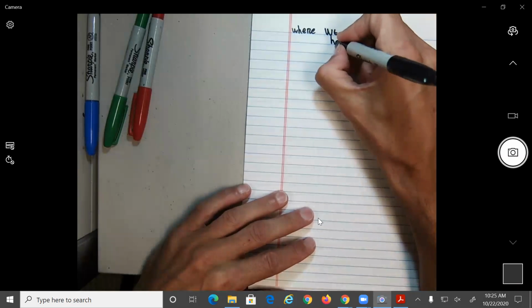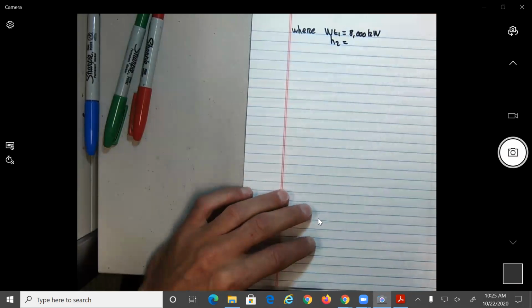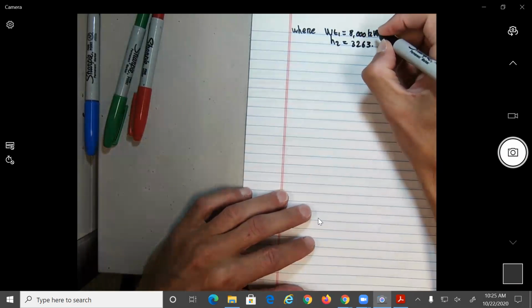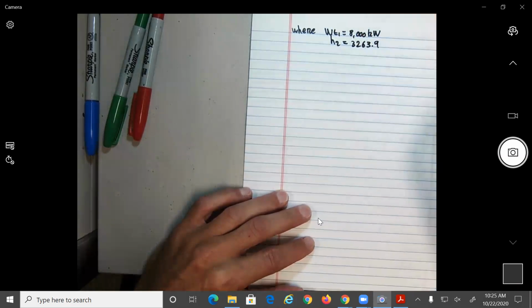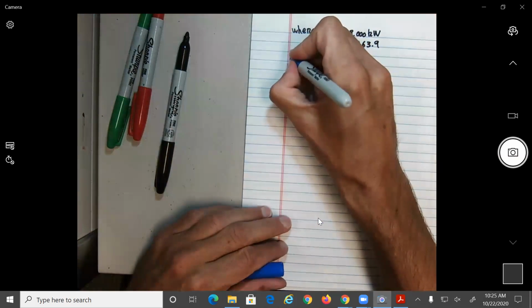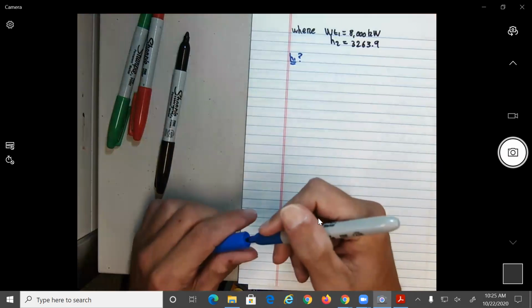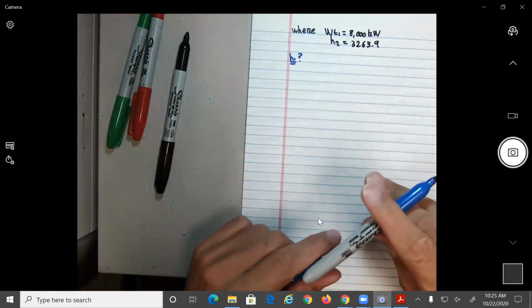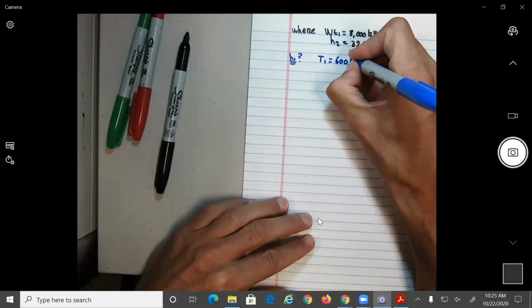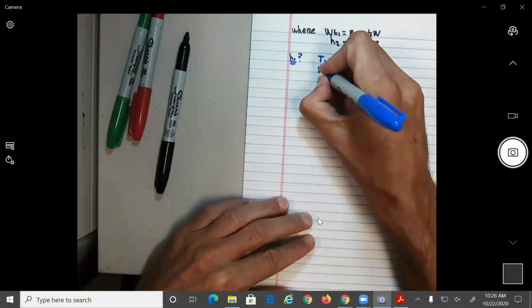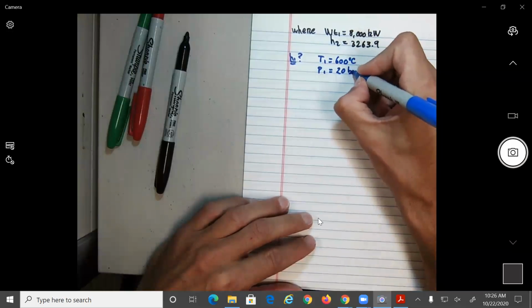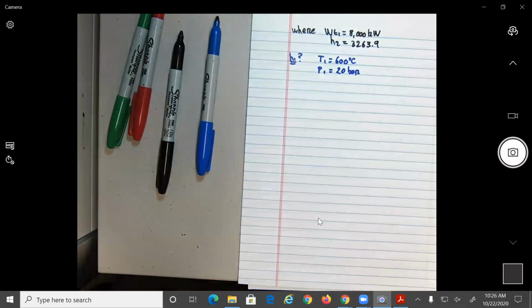We know that H2, we just calculated to be equal to 3,263.9. And what we need is H1. So for H1, again, what do we know? We know two things at H1. We know that T1 equals 600 Celsius, P1 equal to 20, I think it was bars. So this is for the steam.